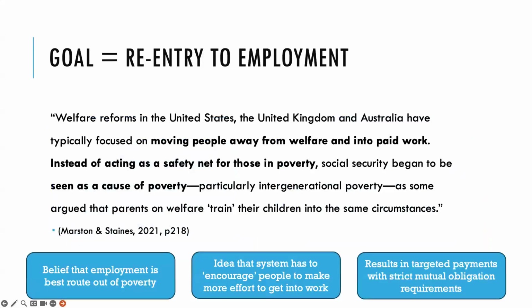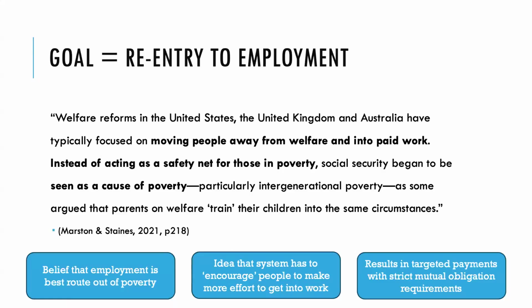So in a sense, the goal of social security in Australia is also around re-entry to employment. And here the idea is just to help people enter employment, because there is this understanding that we really don't want people to keep relying on income support.